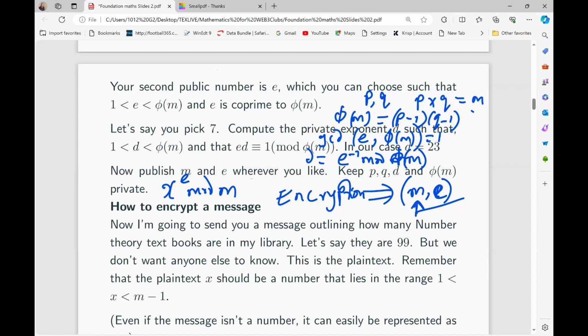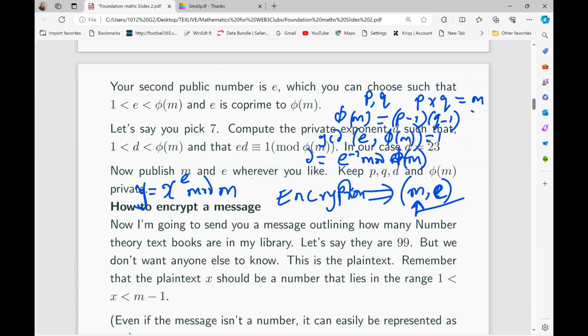So I have it. Since my message is X, that's now the encrypted message. That's the message I sent to you.